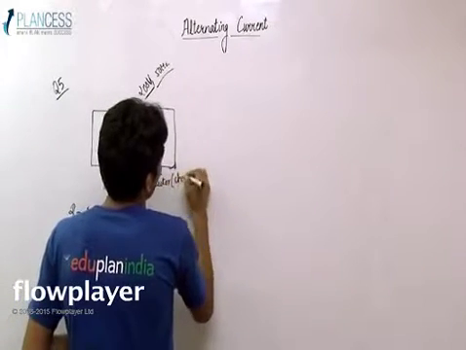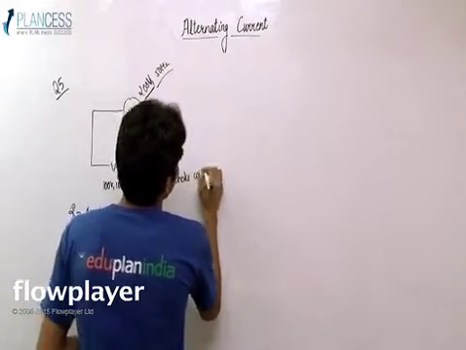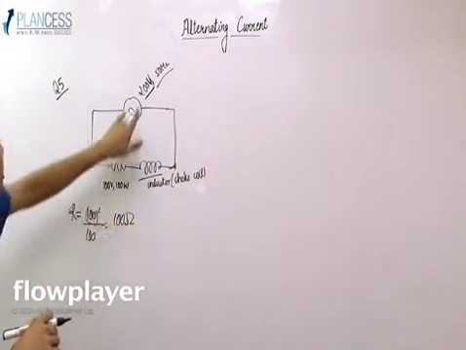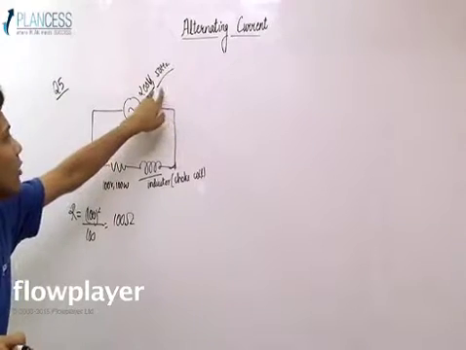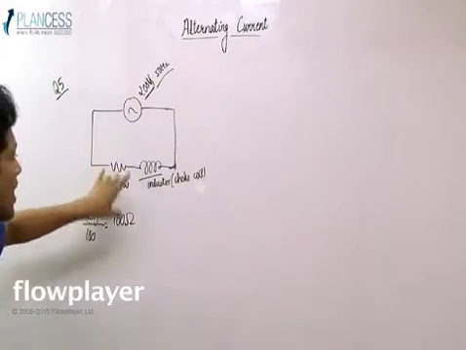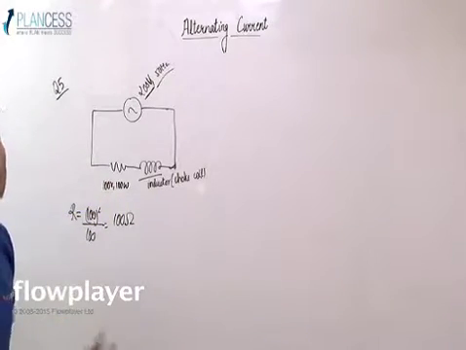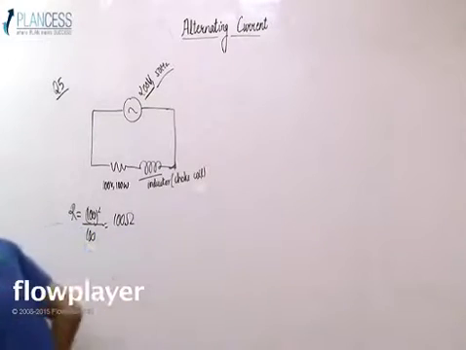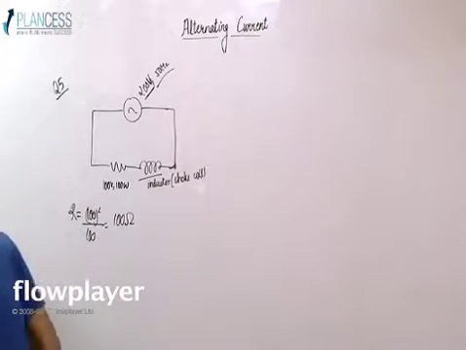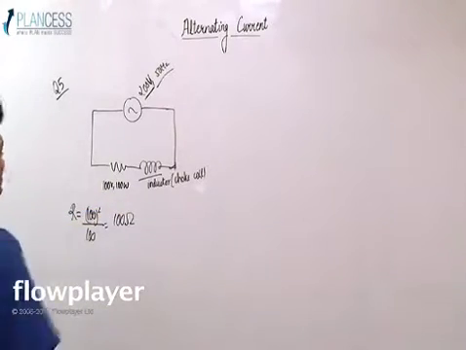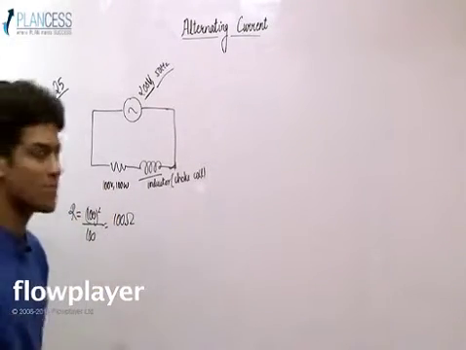It is used so that out of the 220 volt potential, you get only a 100 volt potential across the bulb. So what is asked is that you have to calculate the inductance such that 100 volt is applied across this bulb.